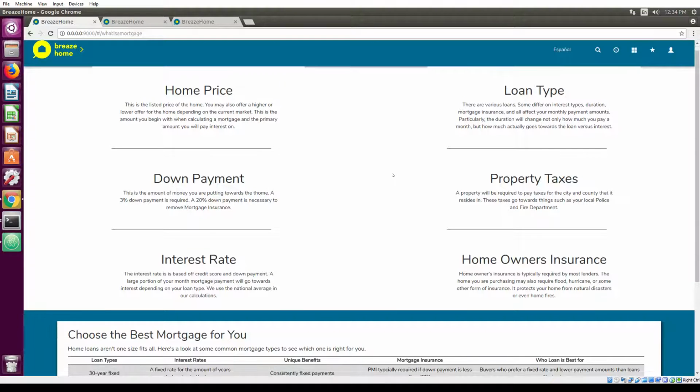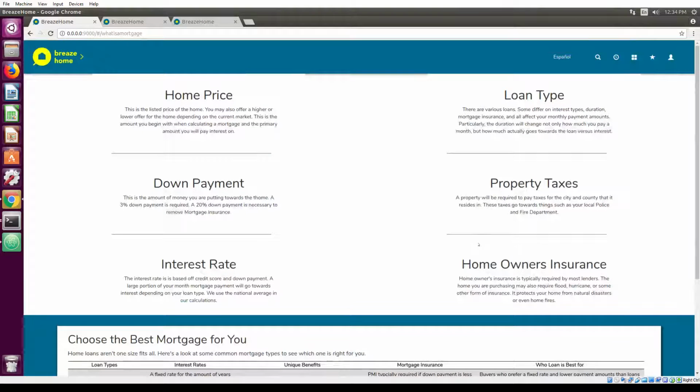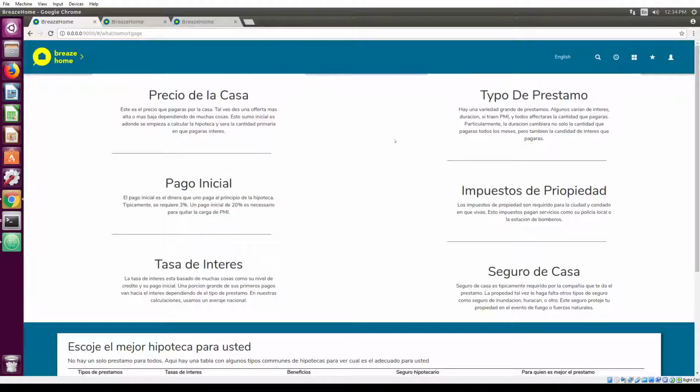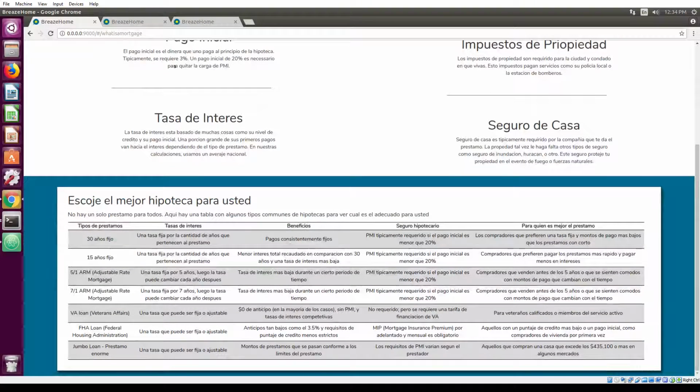Additionally, below, you can see a breakdown of different types of loans and what benefits they provide to you. It's important to know which type of loan you're using when you're buying a home. And lastly, for every single service that we've included, we've made sure that we do have a Spanish translation. If you look here, we have all our features appropriately translated, including all of these charts.